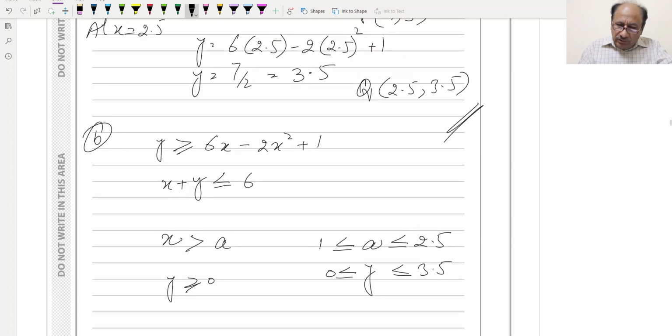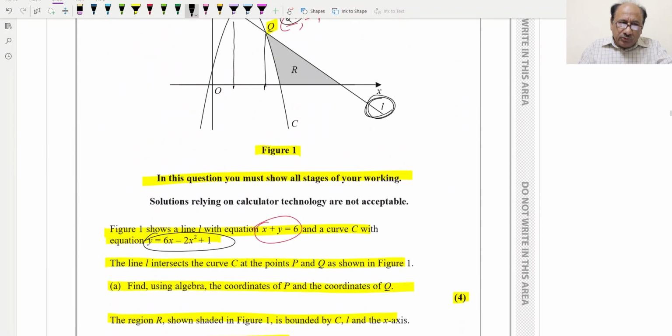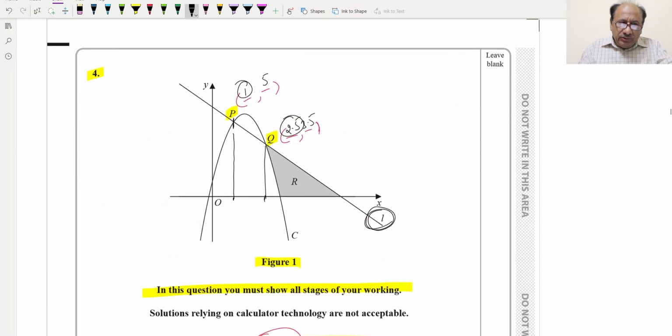We can check this from the curve also. They are saying that we need to find region R shown shaded in figure 1, bounded by curve C, L and the x-axis. So for this region R we can write these inequalities, and hopefully you understood this.